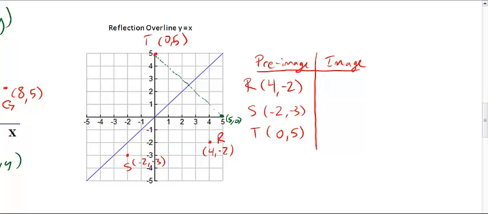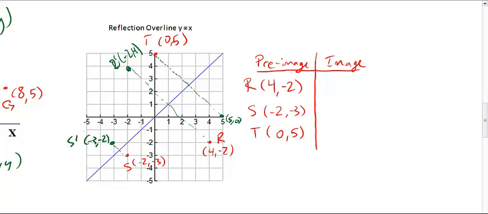Doing the same with R, R prime would be at (-2, 4). Point S here is very close, and it would land right here at (-3, -2) as S prime.